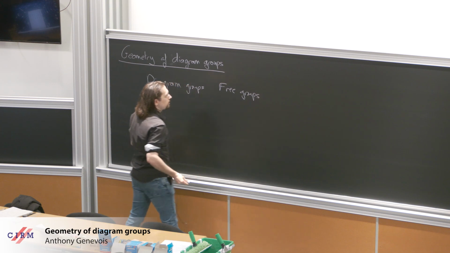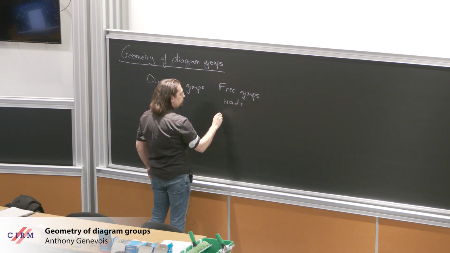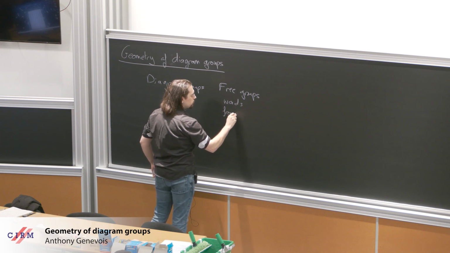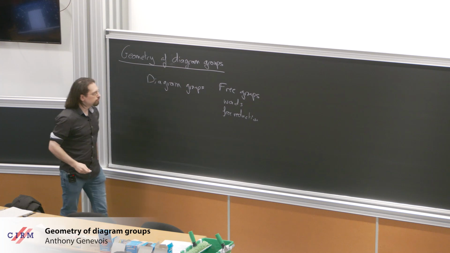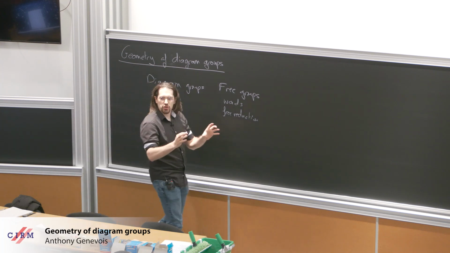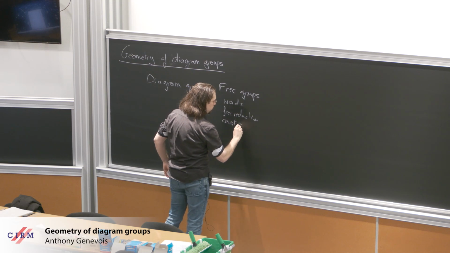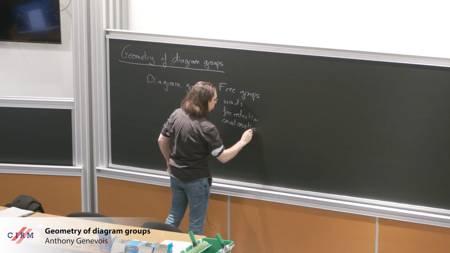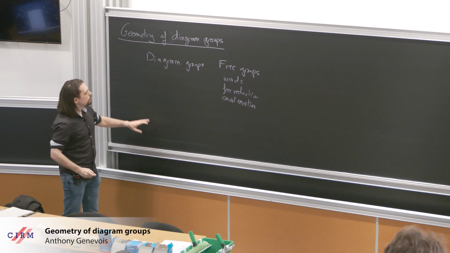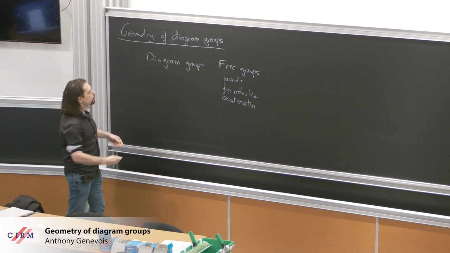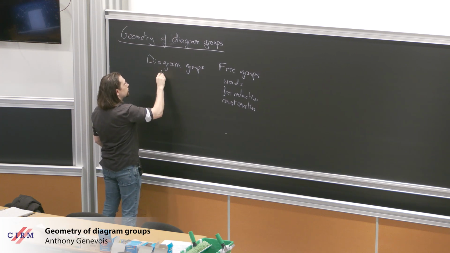Free groups are defined by words up to free reduction, and the product is just the concatenation of words. In a similar way, the elements of diagram groups are diagrams.